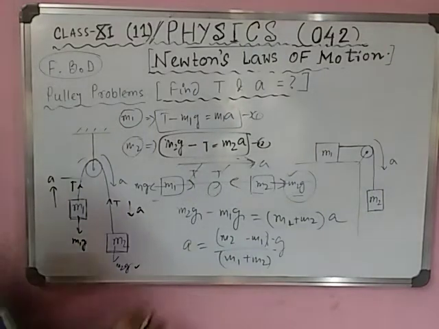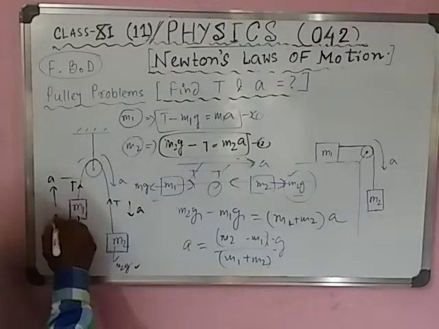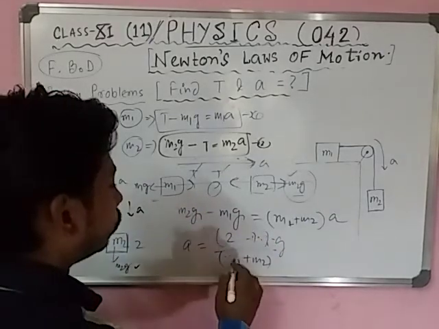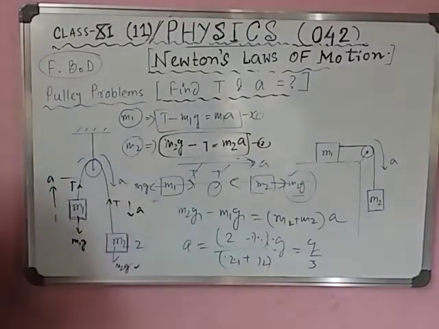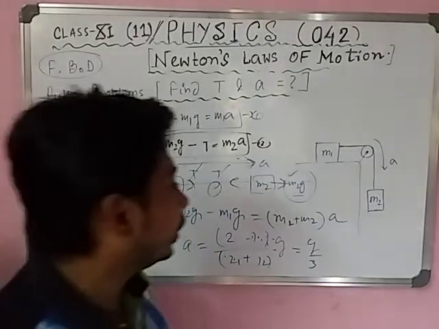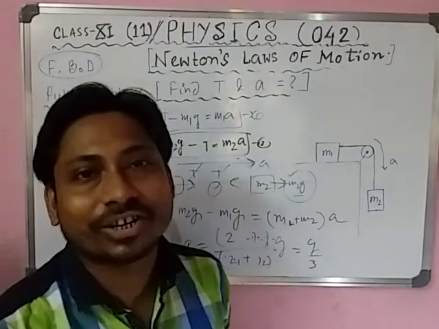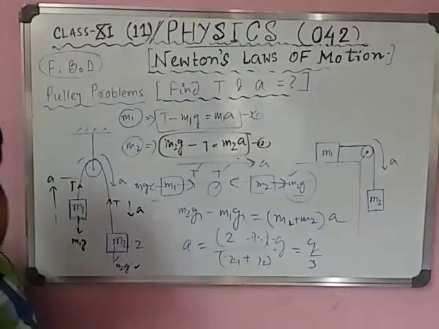So students, you can calculate the acceleration with the help of these tricks. Suppose here it is given 1 kg, here 2 kg, so put the values: 2, 1, 2, 1, so g by 3. Done. G is 10, so 10 by 3. You need only 2 seconds to solve this pulley problem.